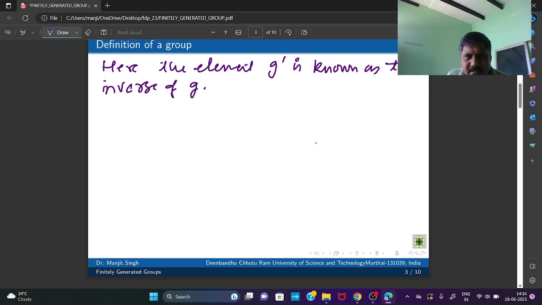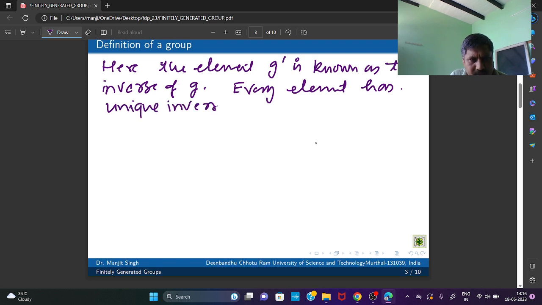How to write g dash depends on the binary operation we are considering. The uniqueness is also there: g dash is unique with respect to g. So every element has a unique inverse. It can be proved easily.